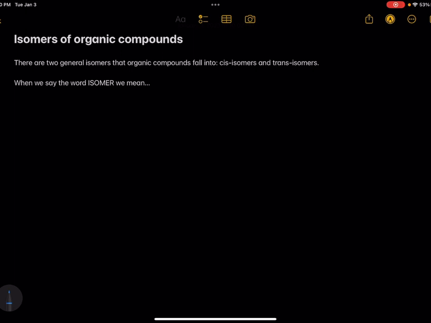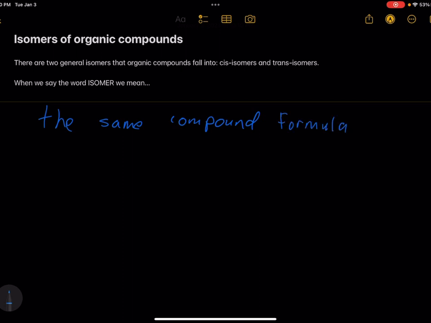Well, when we say the word isomer, what we mean is it's the same compound, and I'll write the same compound formula more specifically, but different structure.